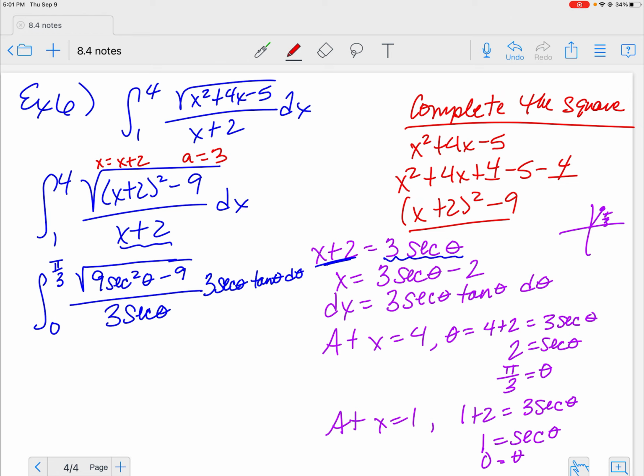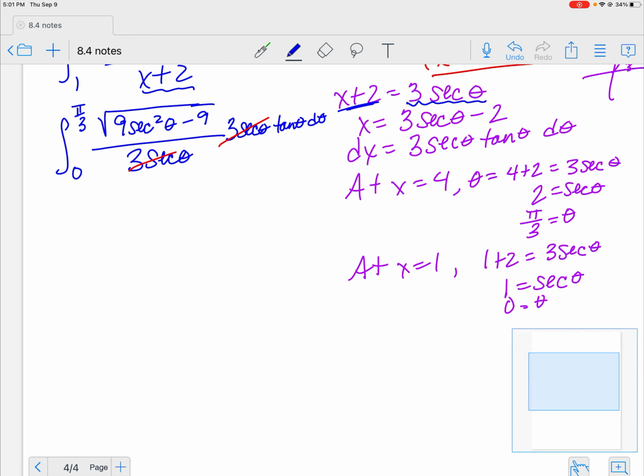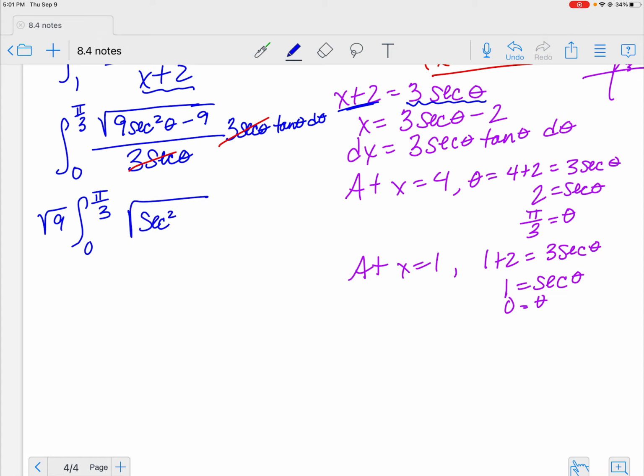Really getting it smashed in there, aren't I? Those 3 secant thetas cancel out with those 3 secant thetas, right? Now I'm left with, I'm going to take out the square root of 9 in front, and I'm going to go still from 0 to pi over 3. And then I have the square root of secant squared theta minus 1 times that tangent of theta d theta.